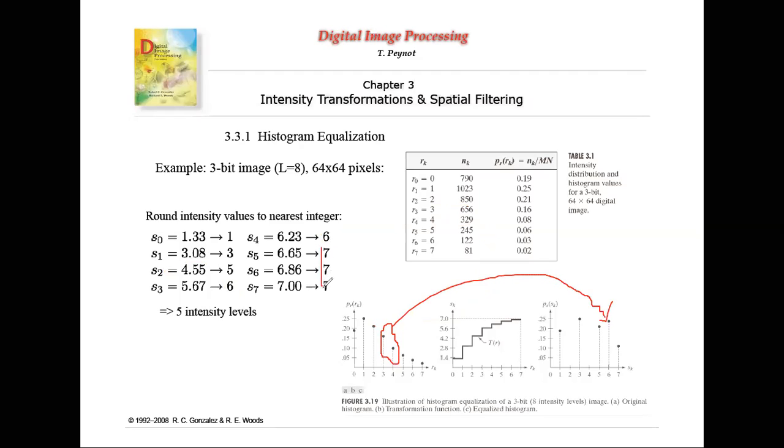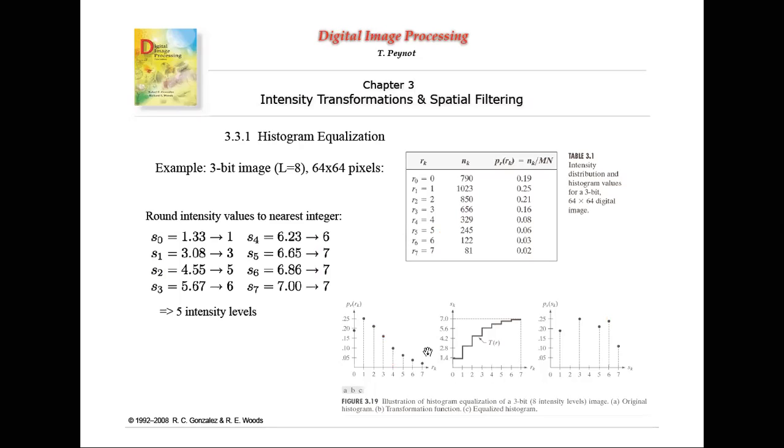And then those with intensity 5, 6 and 7, all those pixels shall be replaced by a white. Now we got this particular thing. Now let me ask you, what just happened?